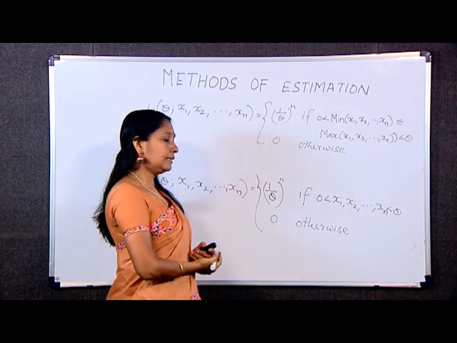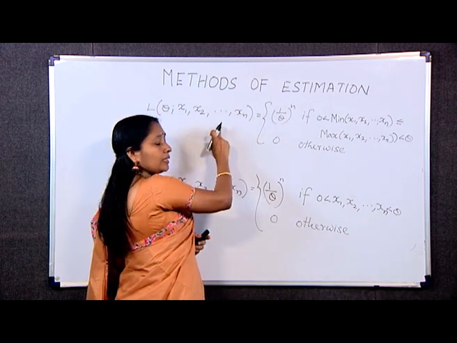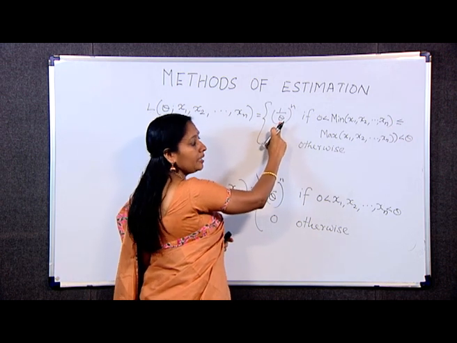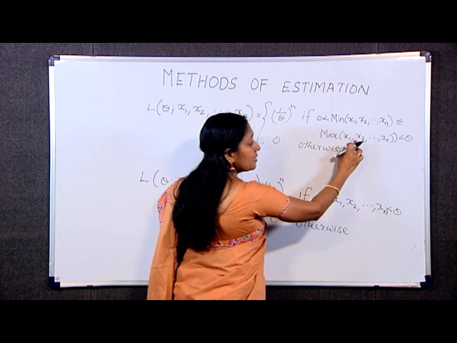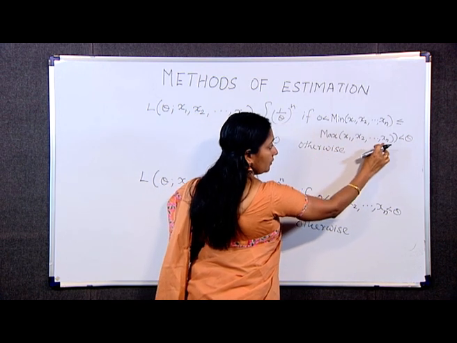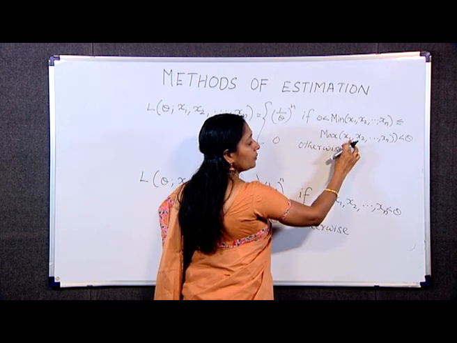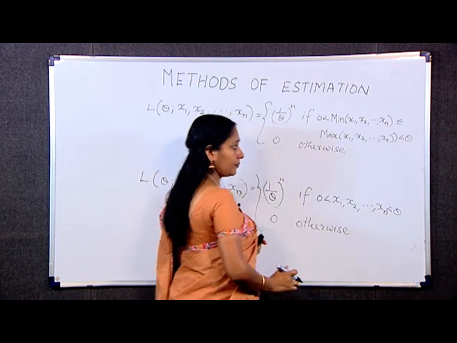As I told earlier, the likelihood function is maximized when theta is minimum. From the right hand side of this inequality, we can see that theta is greater than maximum of x1, x2, ..., xn.